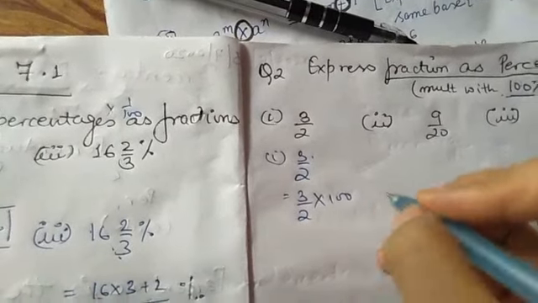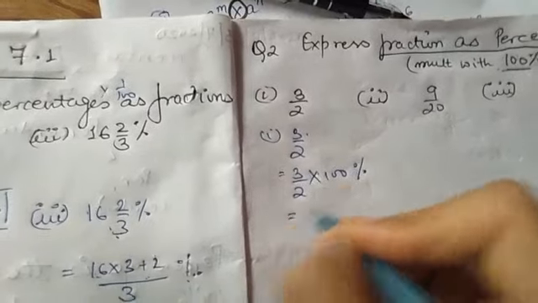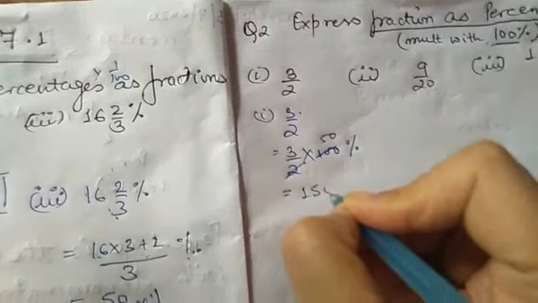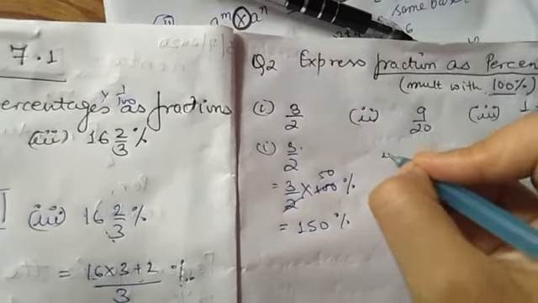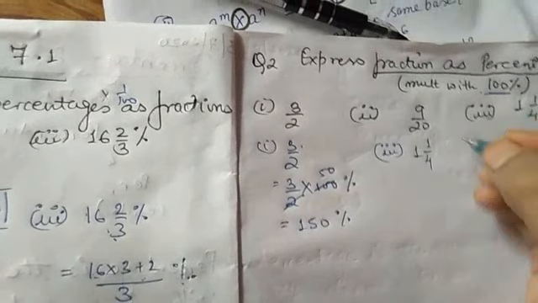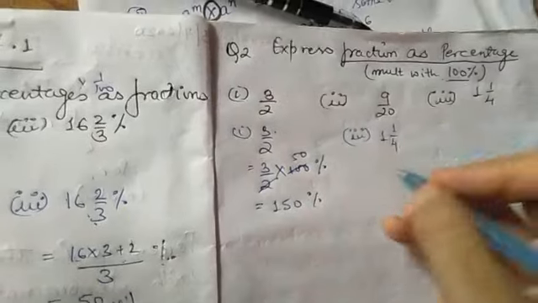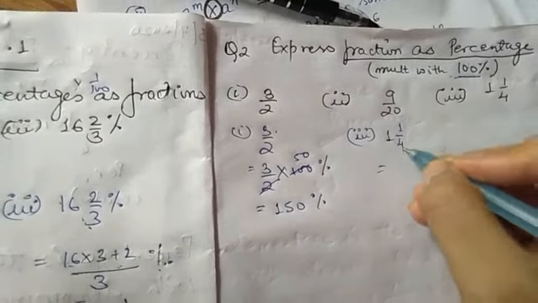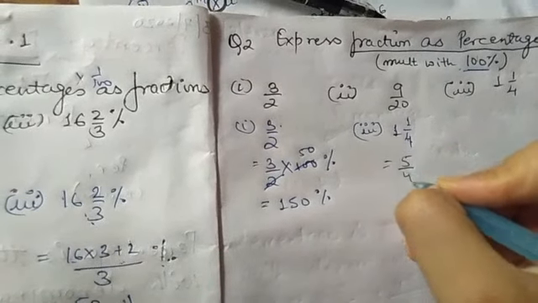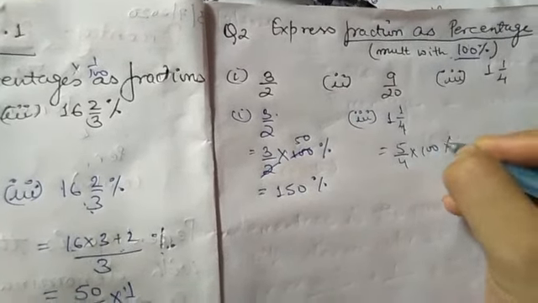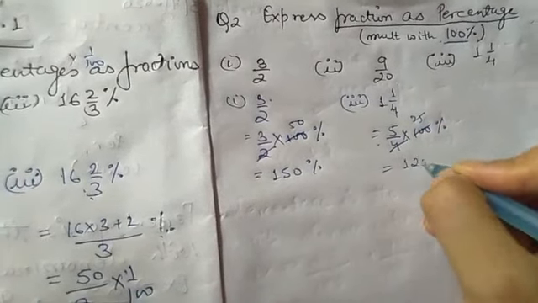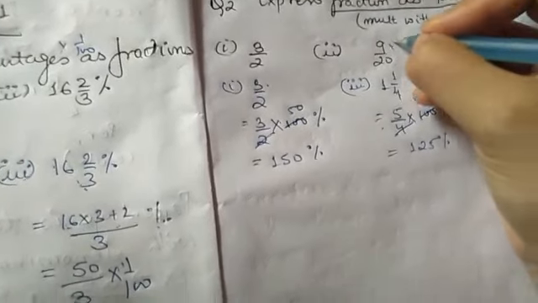I'll multiply this with 100 and put a percentage sign. 3 into 50 is equal to 150%. Look at the third one. It is 1 by 1 upon 4. It is a mixed fraction. We will convert it into an improper fraction first. 4 into 1 is 4, plus 1, 5 upon 4 into 100 percentage sign. 4 25s are 100, 25 into 5 is 125%. This one is your homework.